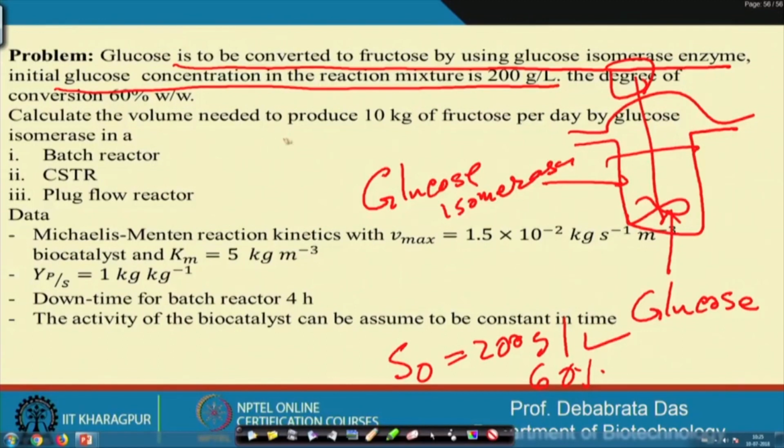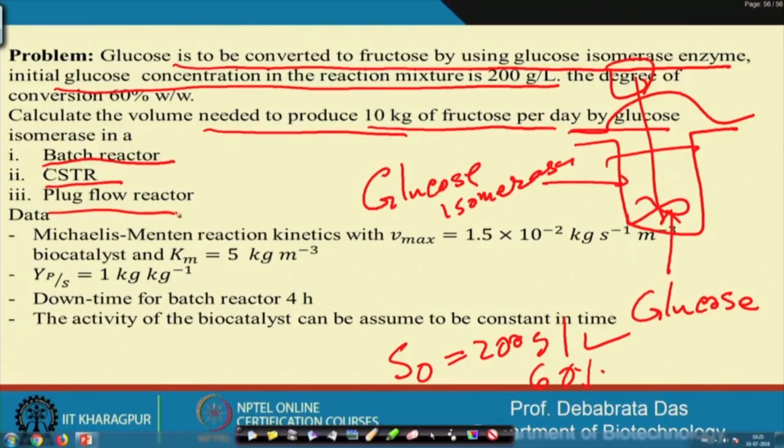So, what you have to do is that we want to produce 10 kg of fructose per day from glucose by using glucose isomerase. What should be the volume of the reactor in the batch process, CSTR and plug flow reactor, and the kinetic constants are given. Vmax is this much, and Km value is this much.